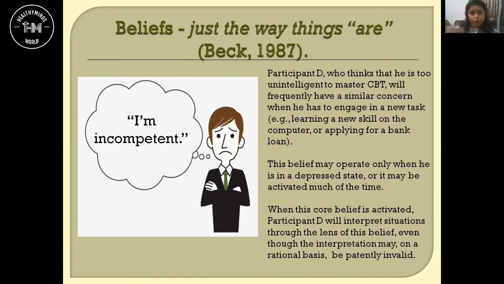Now, how do these beliefs come up? As we grow, right from our childhood, we try to receive information from our surroundings, from our immediate family members, from our neighbors, from school, from our social setup completely. So we are trying to get a lot of information, and we are also trying to assign meaning to this information as we are taking it in.